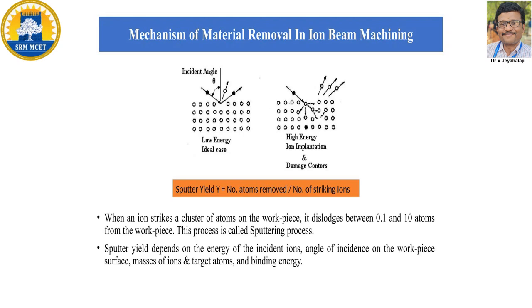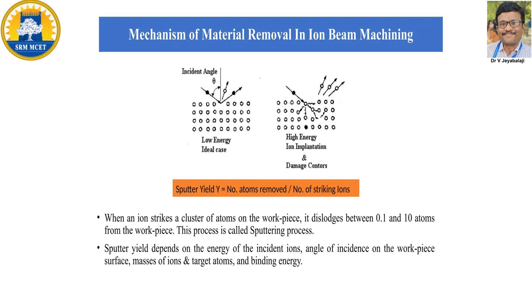The first figure shows the low energy ideal case, and the second figure illustrates high energy ion implantation and damage. The sputter yield, denoted by Y, is equal to the number of atoms removed divided by the number of striking ions.